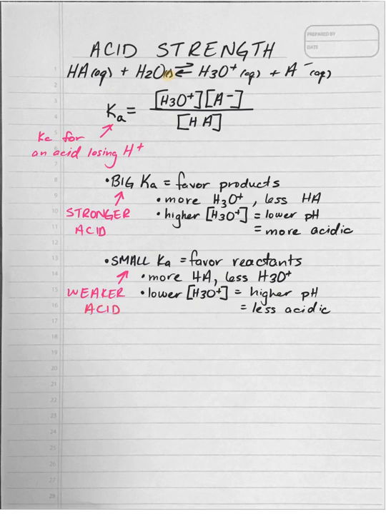We generally break acids down into two categories: strong acids and weak acids. Strong acids are considered any acids that fully dissociate. These are ones that don't form an equilibrium. They are irreversible reactions.